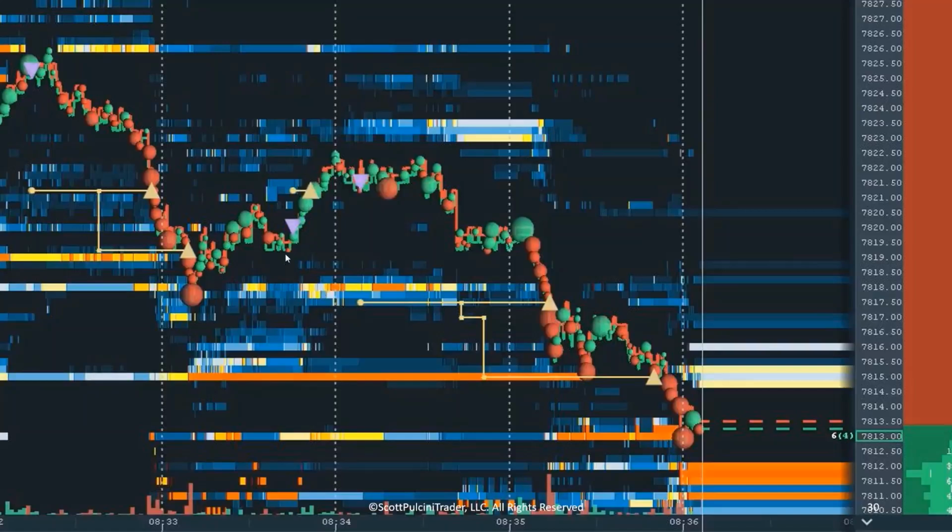Ideally you want to see sellers taking over after this exhaustion, and more red dots increasing and pushing the price down, which didn't happen. I saw more volume coming in. If it gets below this high, I'm like, okay, I'm out. I'm willing to take this couple of ticks and see if I can get back in later.